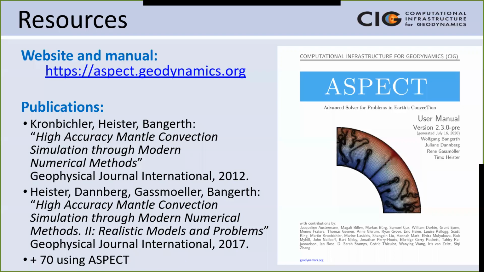I should also mention in this context that a substantial fraction of the development of Aspect is actually financed by CIG. At this website, you will also find links to the manual, for example. I'm going to show you an example of how this manual looks later.